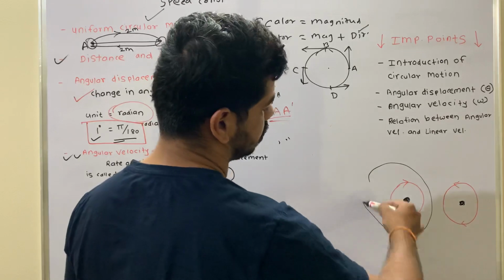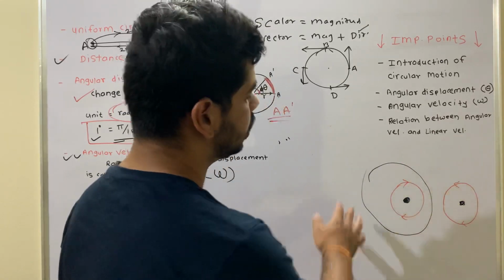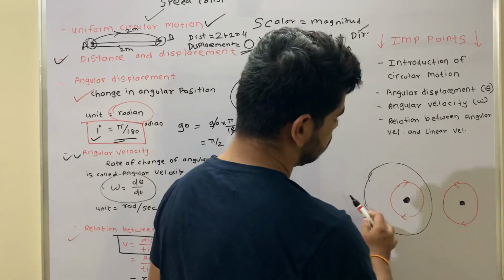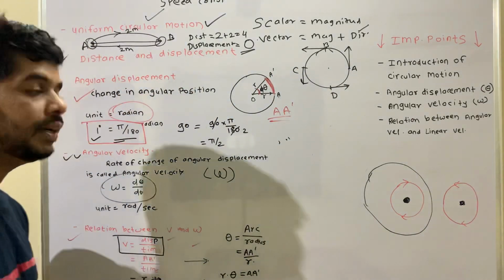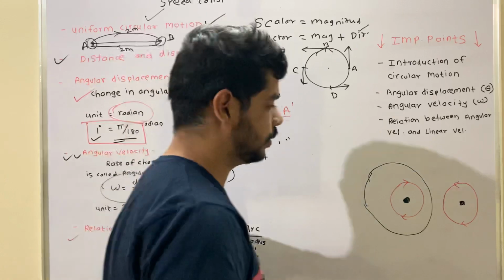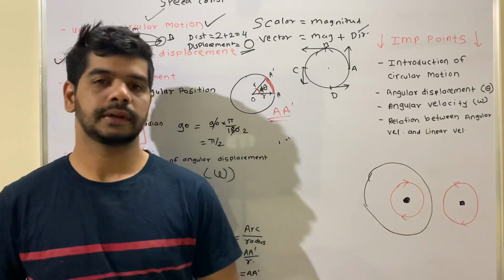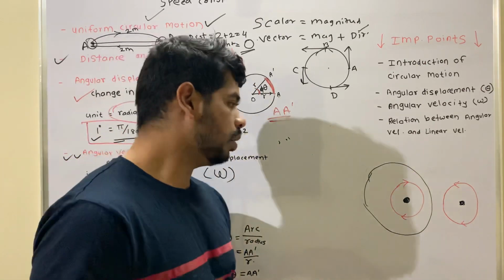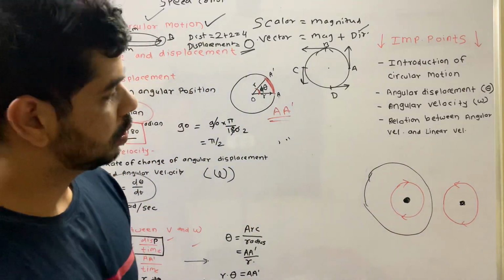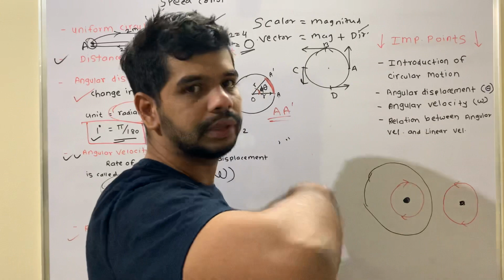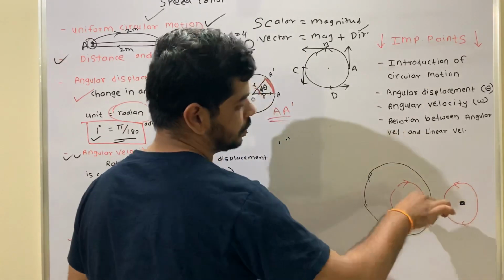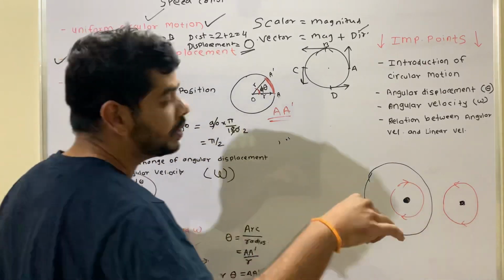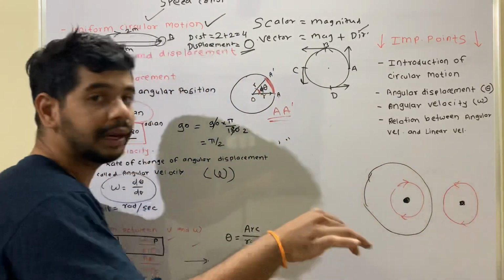So you have to find out the direction of that angular velocity; you have to see the direction of the motion. Use the thumb to indicate the direction of the angular velocity.